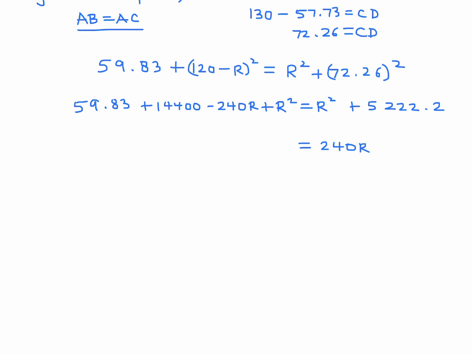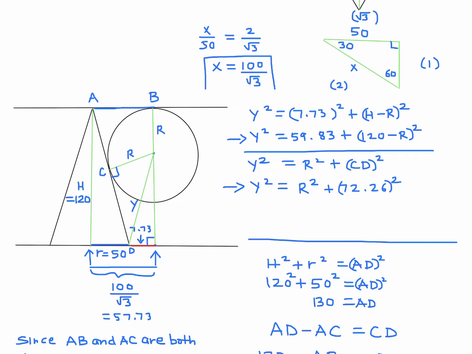And all of these numbers, when combined, give you a value of 9237.63 approximately. And solving for r, you will get a value of 38.49. And this is the numerical value of the radius of the sphere, 38.49.